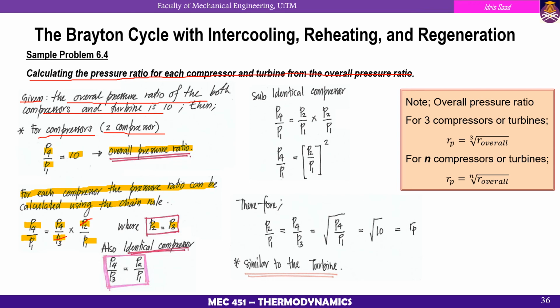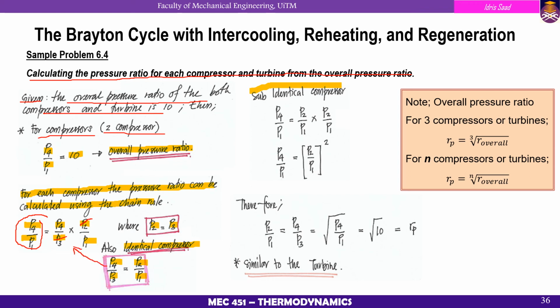We also know that for the identical compressors, P4 over P3 is equal to P2 over P1. So we substitute the identical compressor relation into this equation.